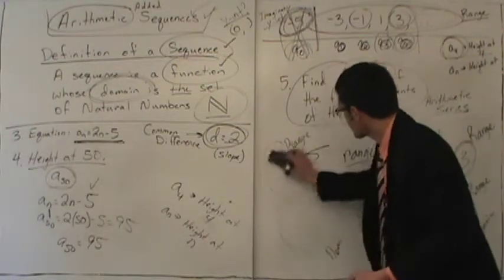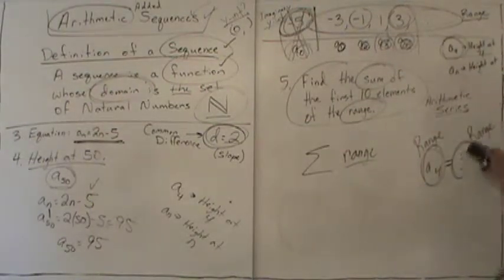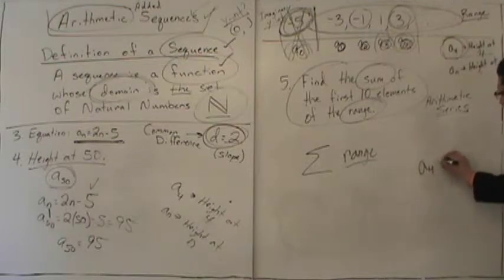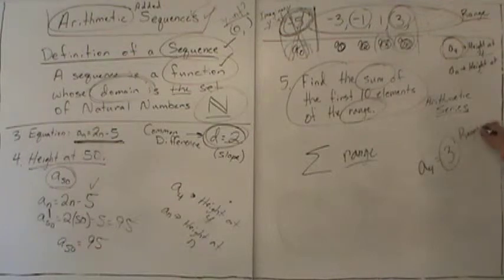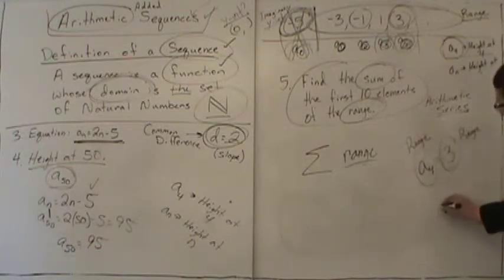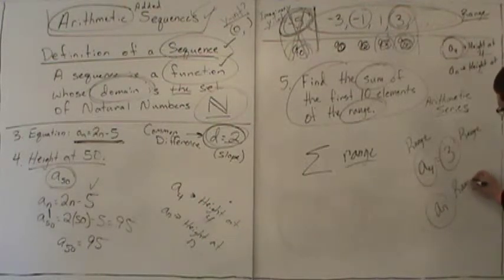Now, going back to this, if we write a sub 4, a sub 4 is equal to 3. We see 3 is range. A sub 4 is range. And if I write a sub n, this symbol is range.